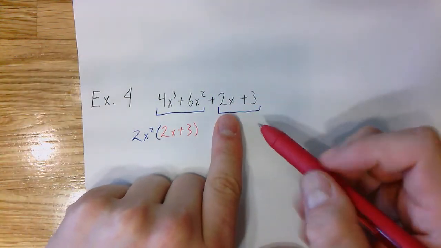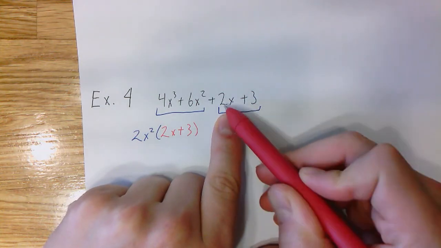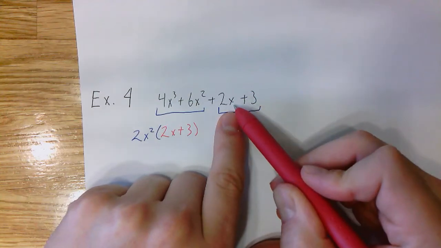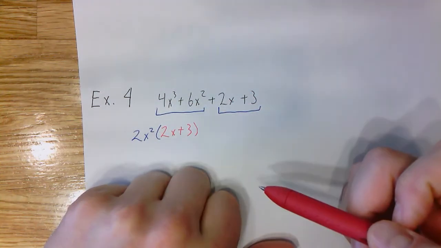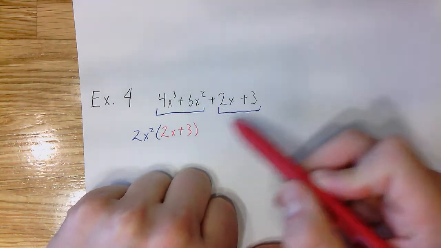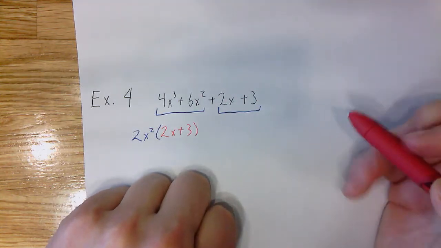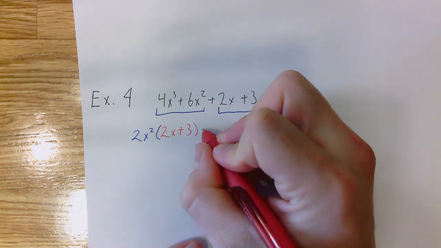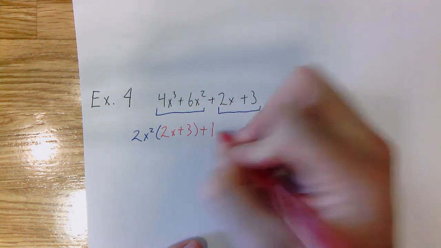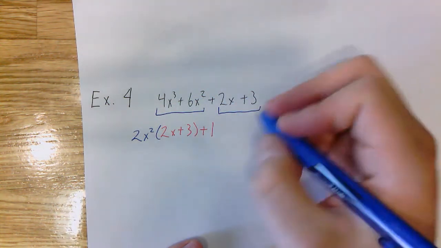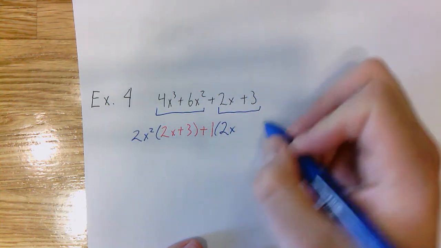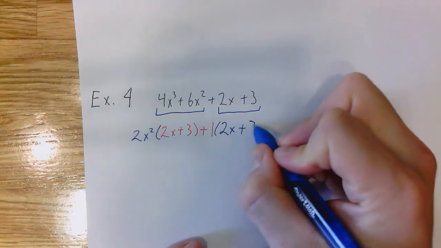Now we look at this second one. 2x plus 3. 2 and 3 don't have any common factors. And then this has an x, but this doesn't, so we can't take out any variables. So because this thing doesn't have a GCF, what we do is we say the GCF is 1. So we put plus 1, and then 1 goes into 2 2 times, bring down the x. 1 goes into 3 3 times.